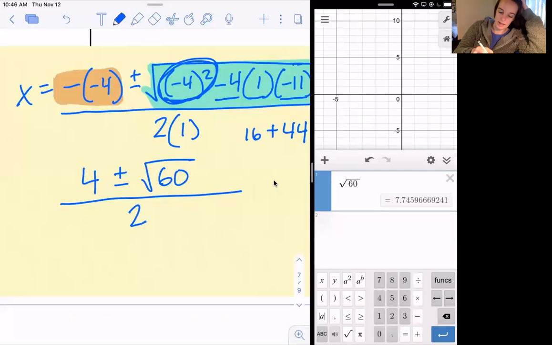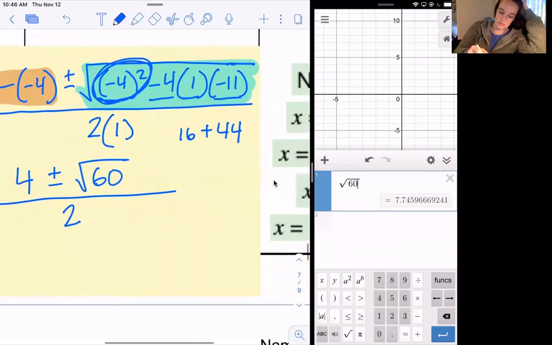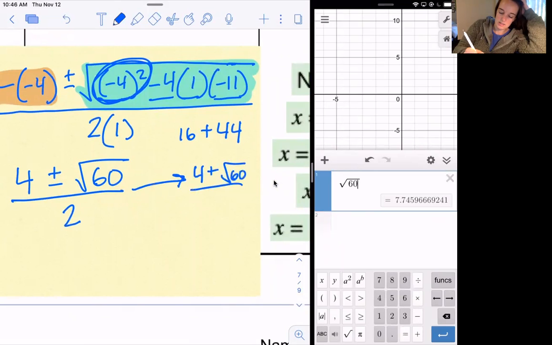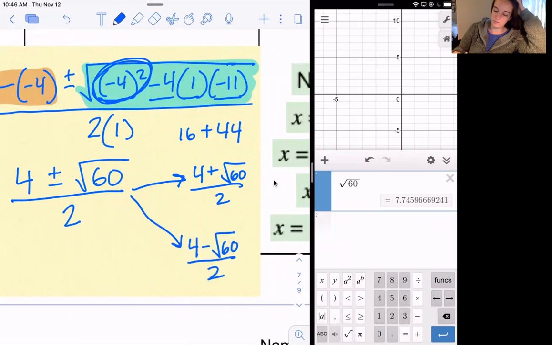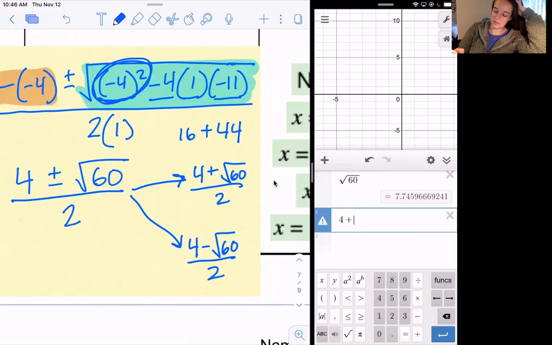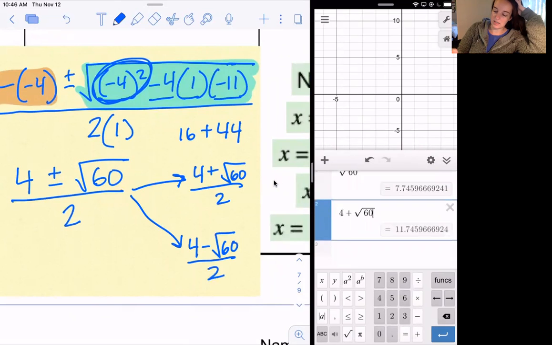So I would have here two situations. Let me go ahead and make this smaller. I have the positive situation for plus the square root of 60 divided by 2, and the negative situation for minus the square root of 60 over 2. So I could do 4 plus, and I can actually just type square root of 60 like that.